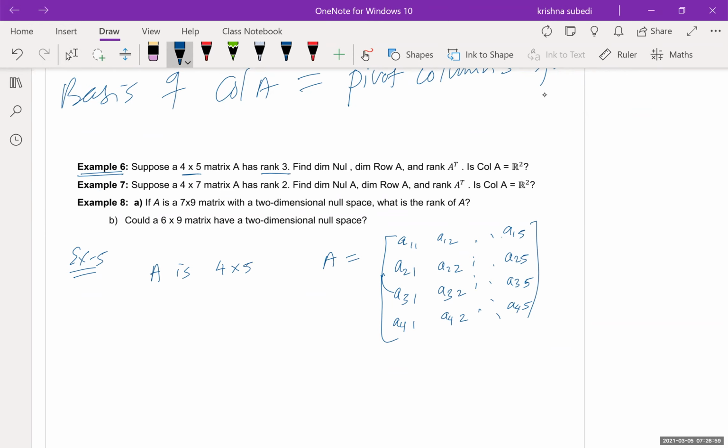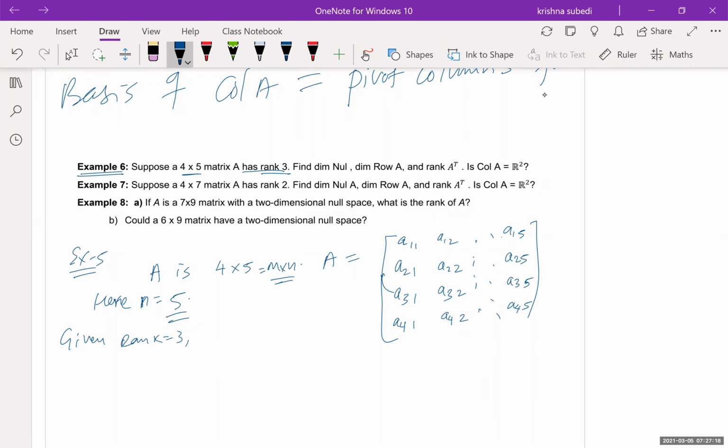Remember here it is m by n, so that means n equals 5. Keep that in mind.